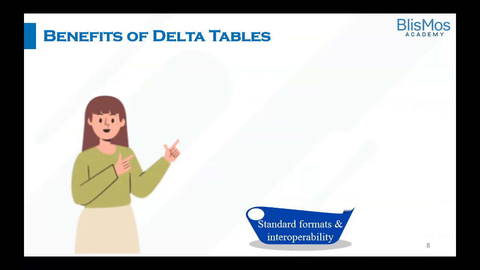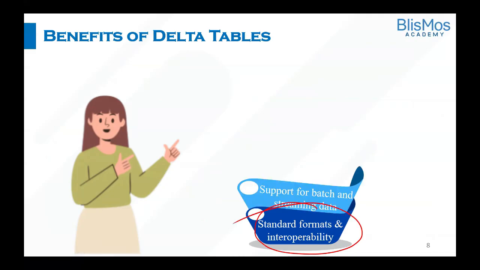With the discovery or invention of delta tables, we got so many important benefits. There is interoperability between the files and the RDBMS kind of tables. It supports both batch and also streaming data. Batch is the data which is already stored for a long time.